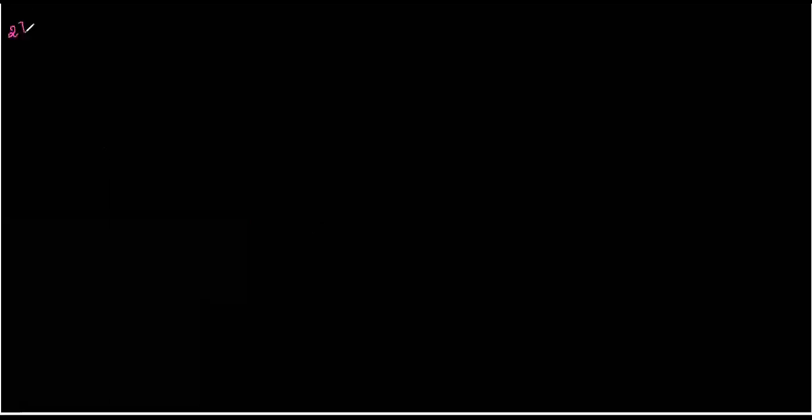So second case: when compressed to the same volume from the same initial state.